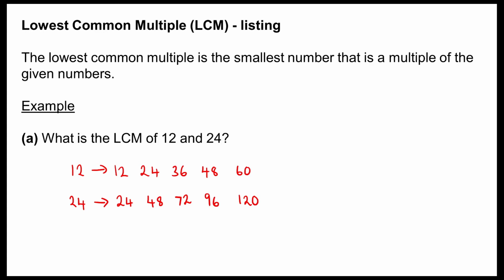I can very quickly see that 24 appears in the 12 times table and it appears in the 24 times table, and that is the smallest possible option. There are other options as well. For instance, 48 appears in both lists, but we want the lowest common multiple, so our answer is going to be 24.